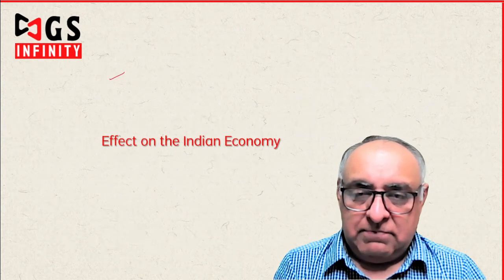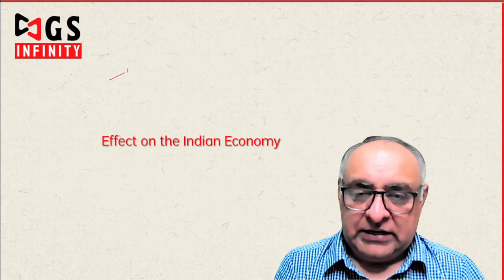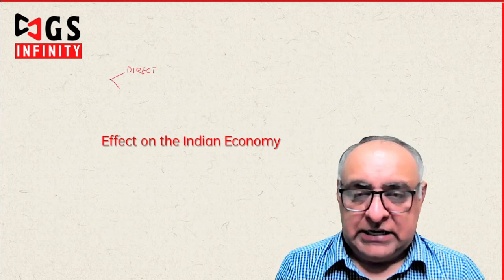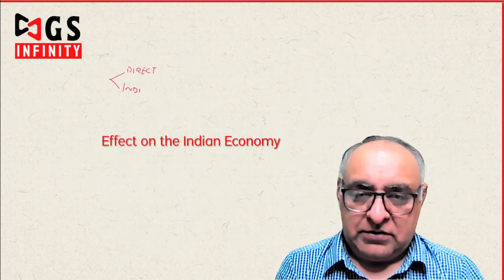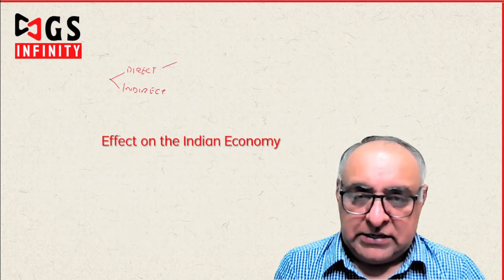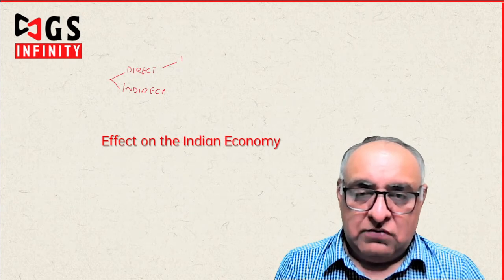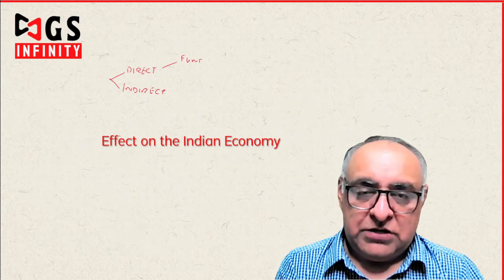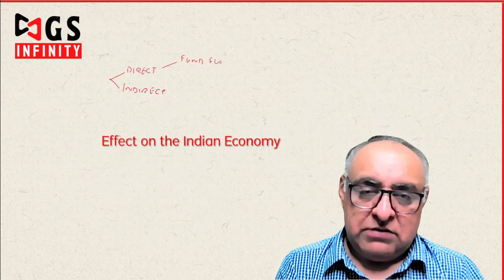As far as the impact is concerned, I have categorized it into two main groups. One is the direct impact and second is the indirect impact. As far as the direct impact is concerned, it is the impact on fund flows or capital flows in the Indian market.